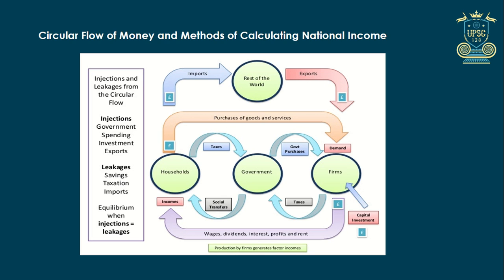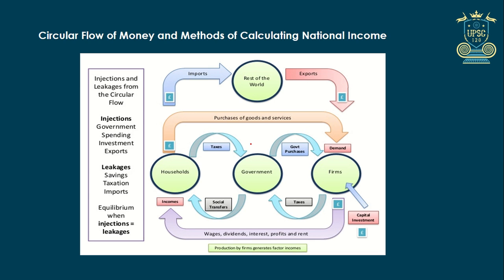So this is a simple circular flow of money and method of calculating national income. Now, particularly there is no specific reason why I have included this diagram. It is just to have an overall idea. It is not that UPSC asks questions directly from this diagram.